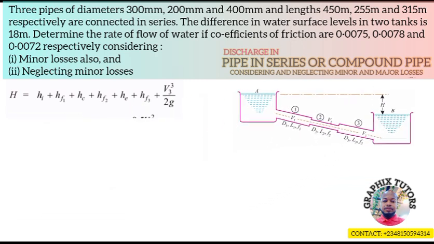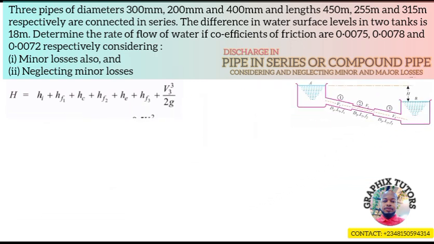Like I always tell you, the first thing you have to do in cases like this is to write out your parameters, your data given. The first one here is the diameter of pipe 1, which is 300 millimeter, right? Converting from millimeter to meter, you divide by 1000 and you'll have 0.3 meter.